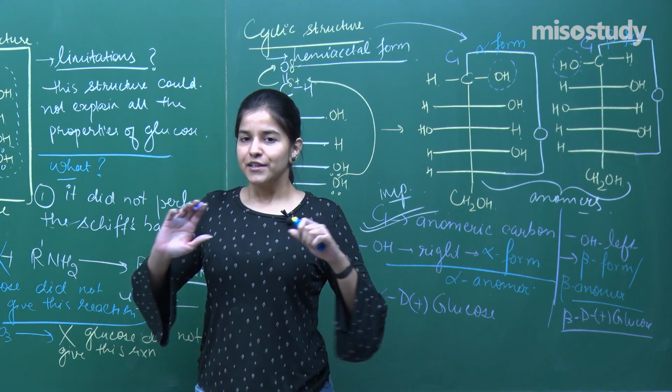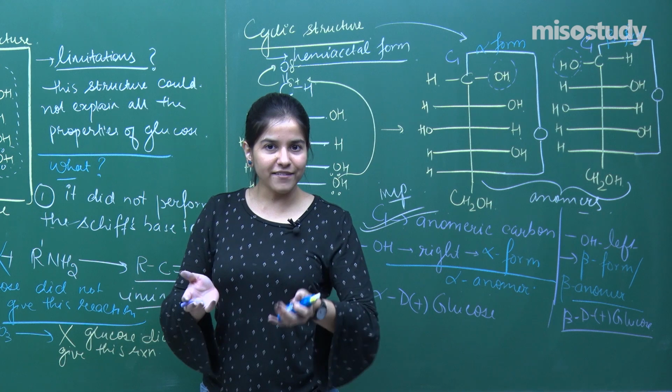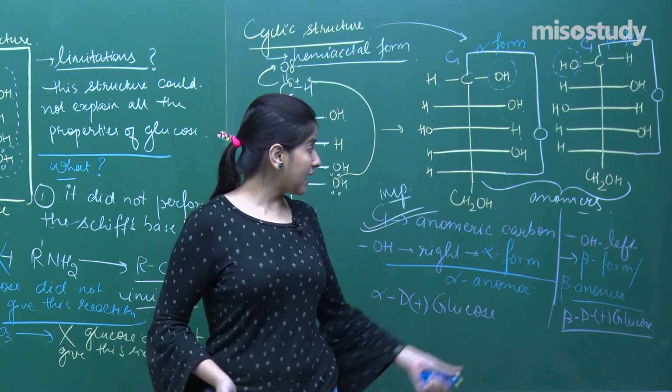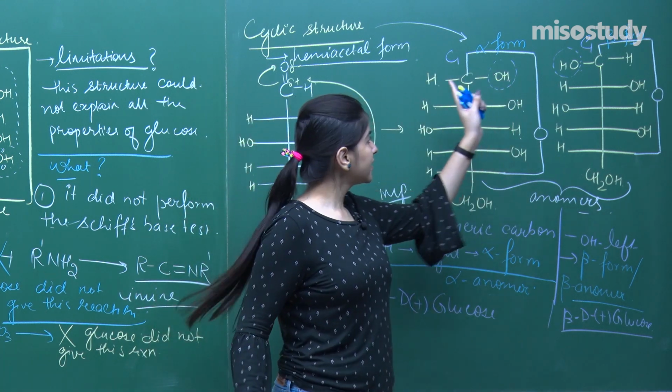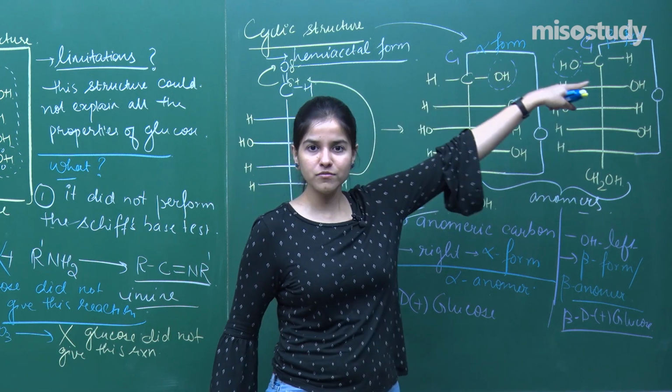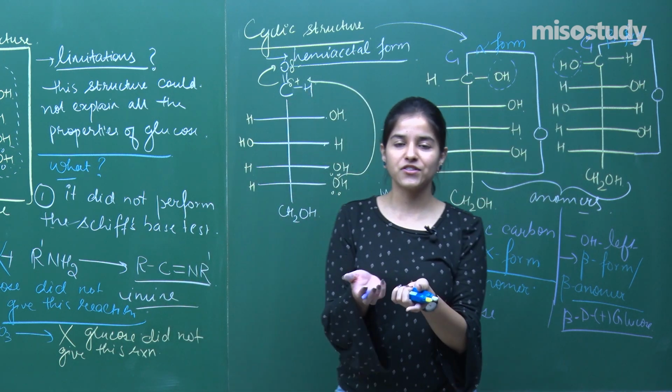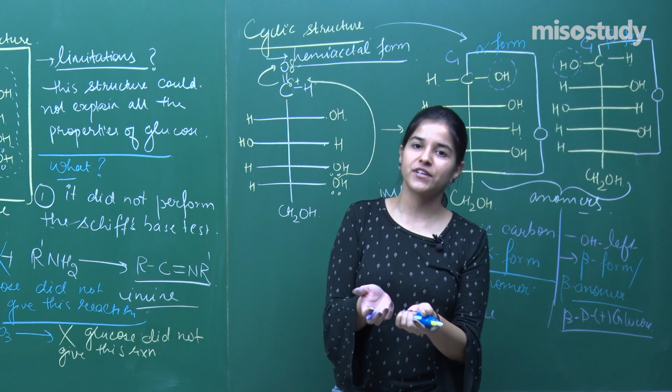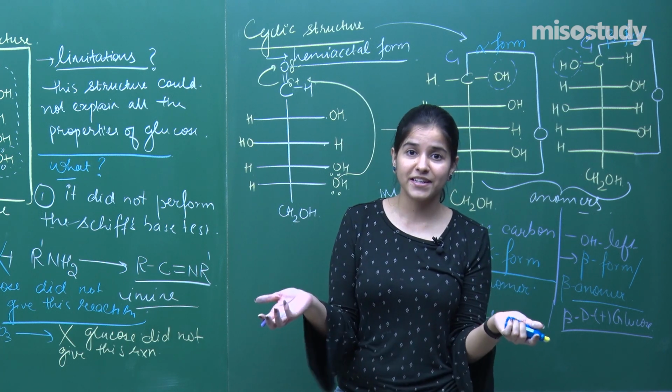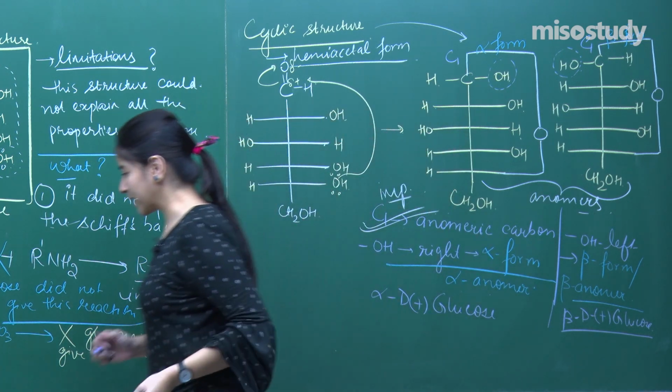Now let's take up a very interesting phenomenon. Since you can see here that a ring is getting formed, let's try to make the structure the other way around in the form of a ring. It would be a better representation actually. So let's do that.